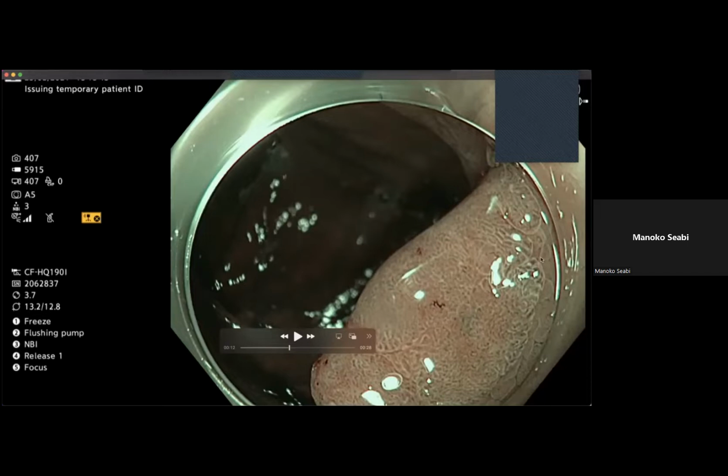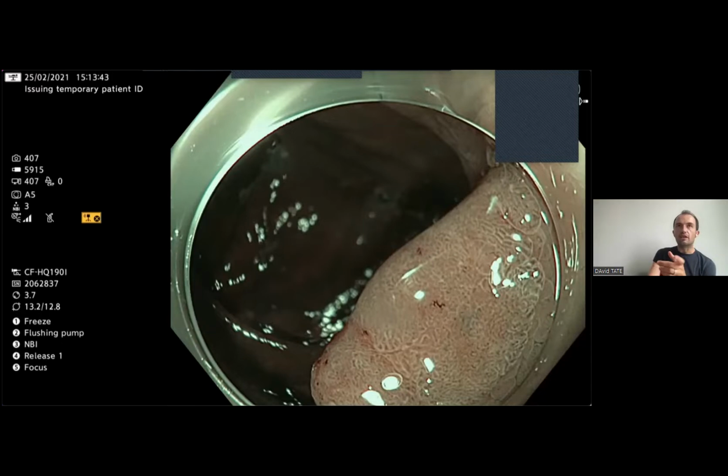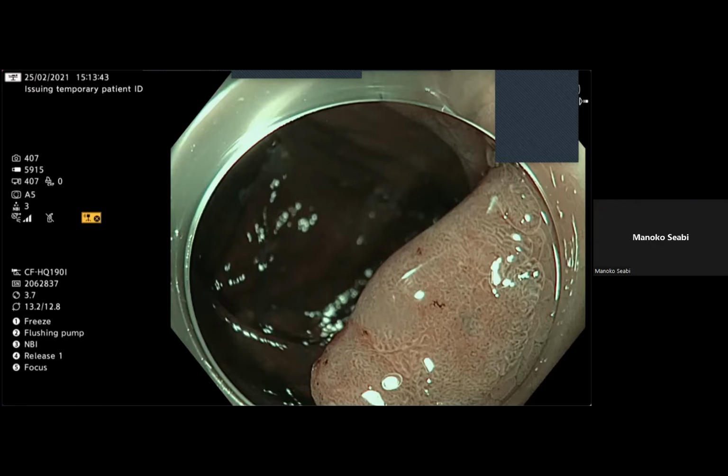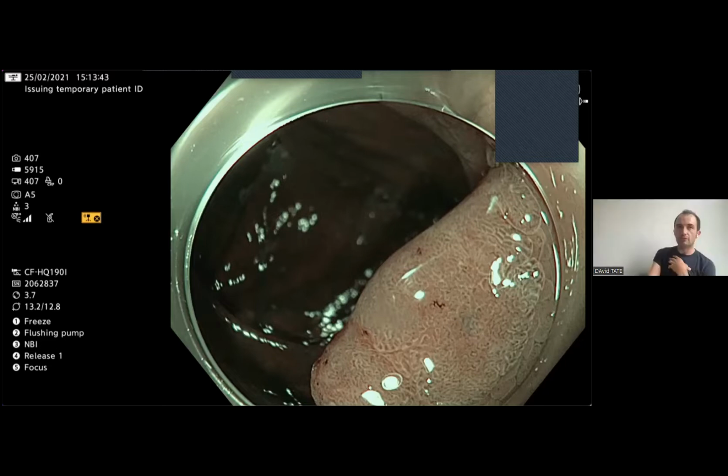I thought it was described as the edges not being well demarcated, and I thought that they looked well demarcated. Do you mean this polyp? This polyp was described as the edges not being well demarcated. Is that what you said? Yes, I think that's what I heard. Okay, so no, I would agree with you completely that the edges of this polyp are well demarcated.